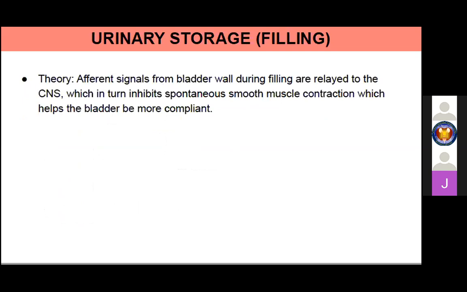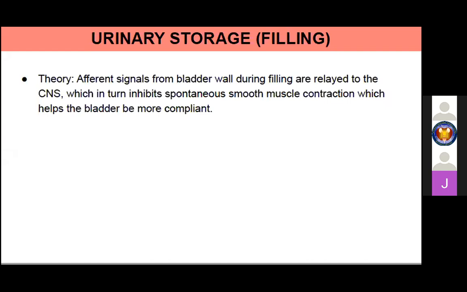In theory, say in Campbell, afferent signals from the bladder wall during filling are relayed to the CNS, which in turn inhibits the spontaneous smooth muscle contractions, which helps the bladder be more compliant. So it relays signals to the CNS saying stop contracting so that the bladder won't expel the urine out.